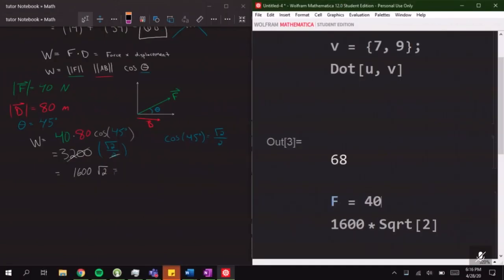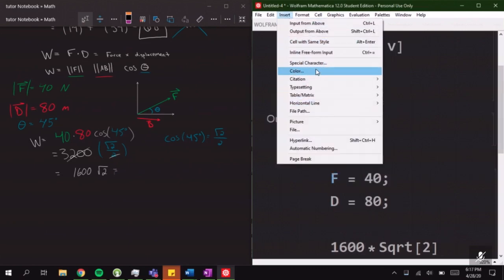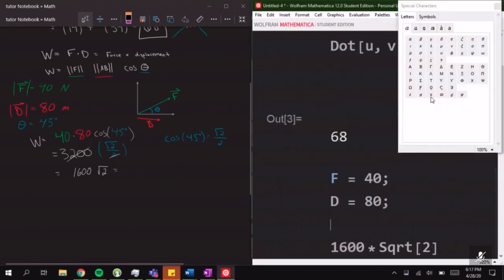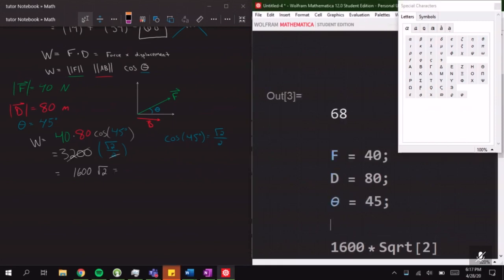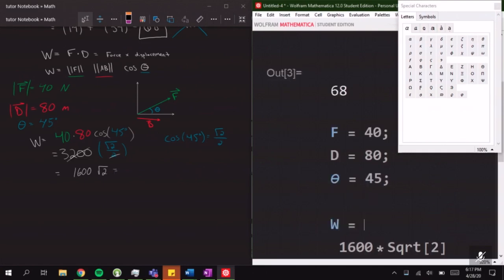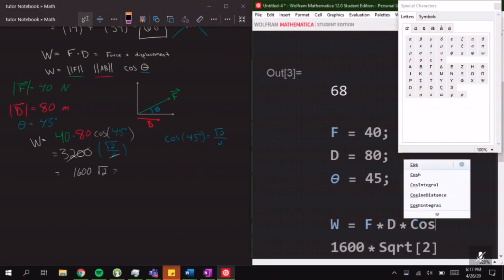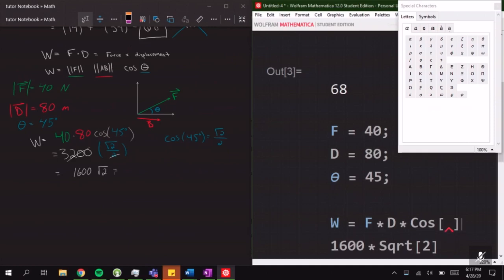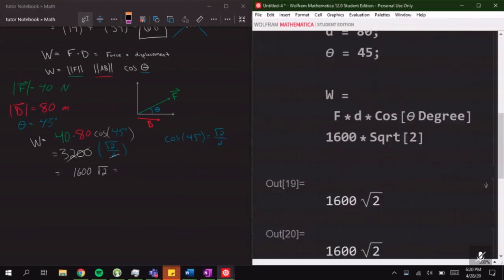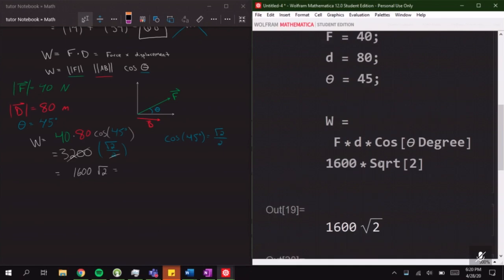So in Mathematica, first we create variables for the force and displacement, as well as for theta. And once we've created our variables, we can simply write the formula and find out what the answer is.